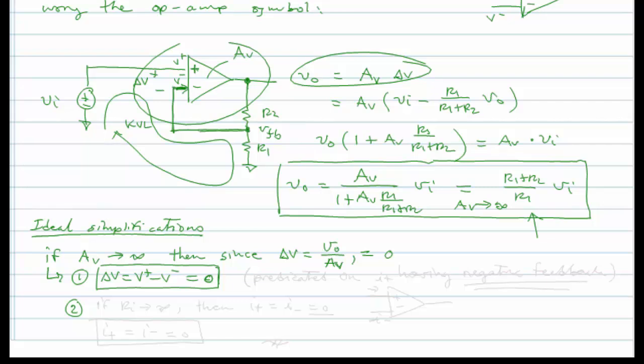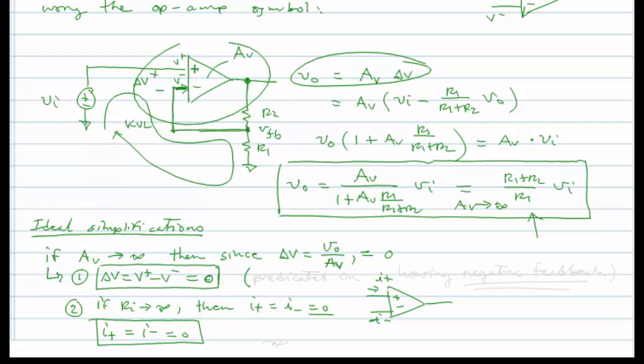Okay, so if Ri is infinite, then I plus and I minus, in other words, the currents going into the plus and minus terminals, right, are going to be equal to 0. So our second rule is I plus equal I minus is equal to 0. Right? No current flowing into the input terminals and no voltage across the input terminals.